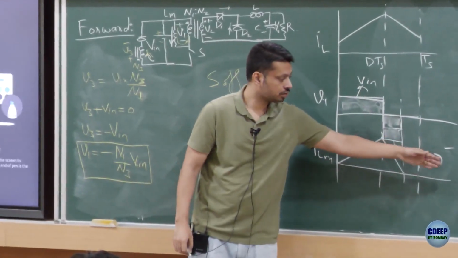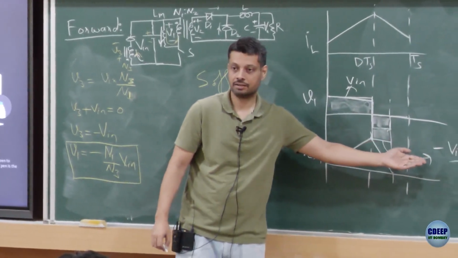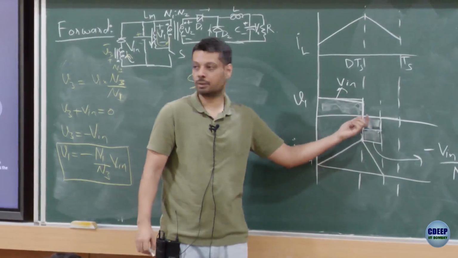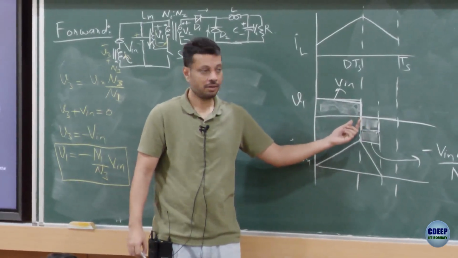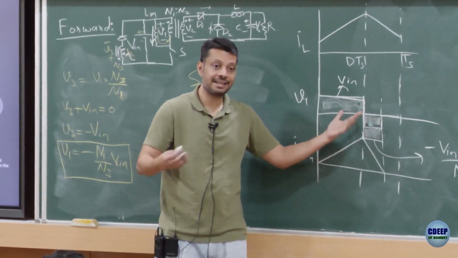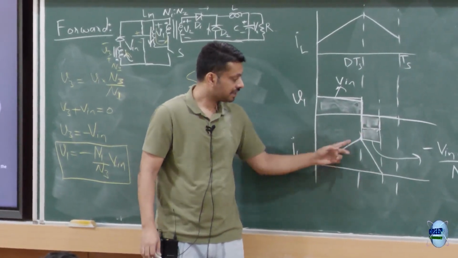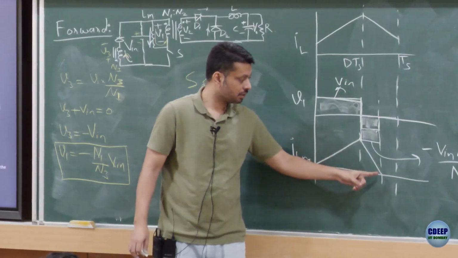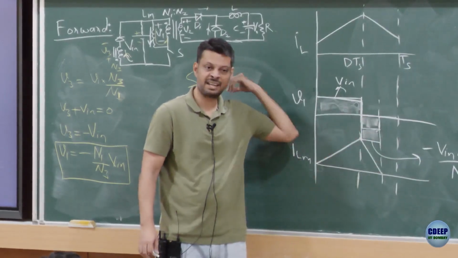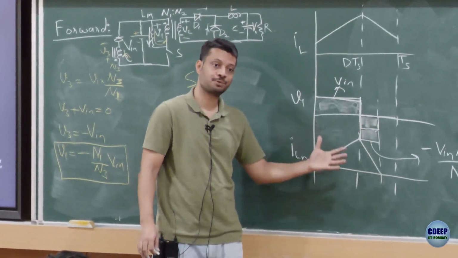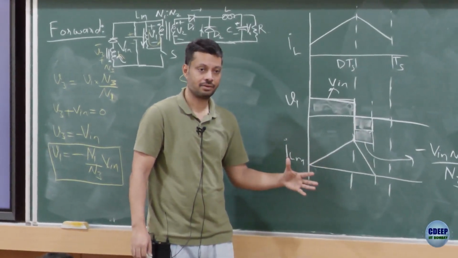So I can choose, let's say, N3 to be smaller so that this peak is more, so that the duration required is small to average it out. The duration gets automatically decided by the current slope. So when the current again becomes equal to 0, this tertiary winding will stop conducting. So the duration adjusts so that the average voltage across the transformer is 0.